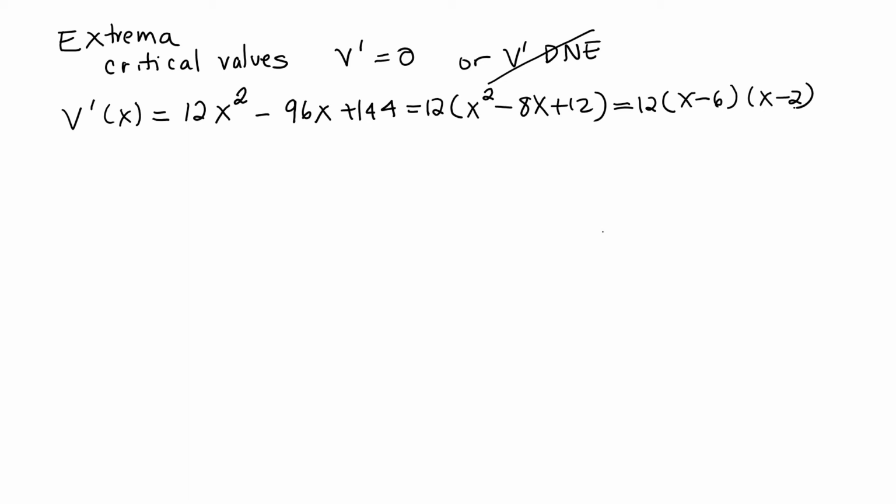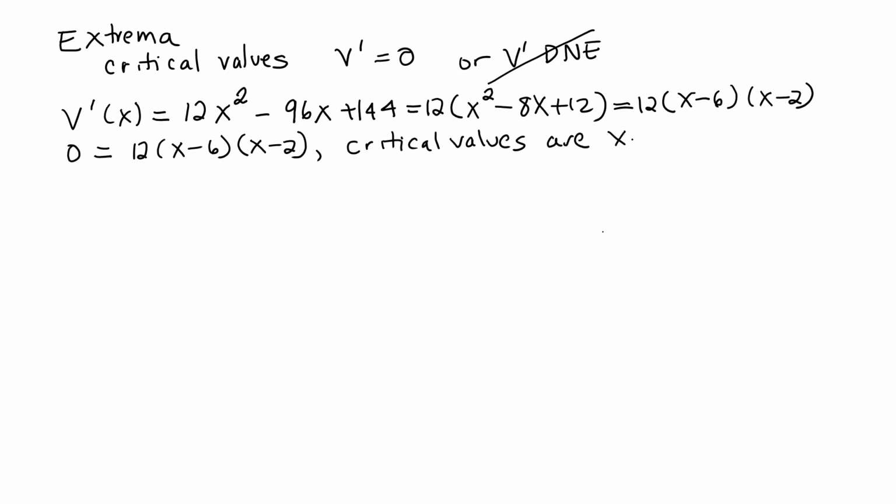So x minus 6, x minus 2. Let's set that factored form equal to 0. We want to solve 0 equals 12 times x minus 6 times x minus 2. Solving, we'll get that the critical values are x equals 2 and x equals 6.